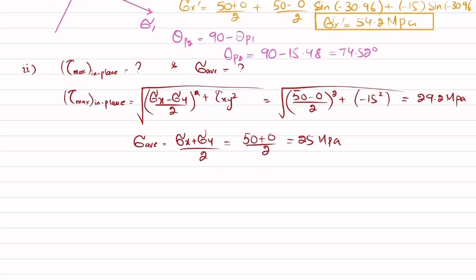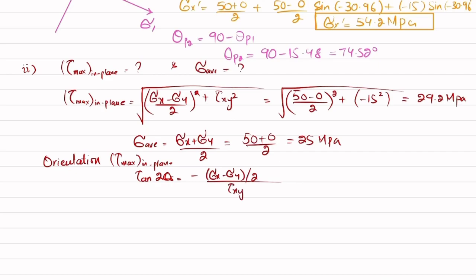Having found this, we will find the orientation of maximum in-plane shear stress. So we have the formula that tangent of 2 theta s is equal to minus (sigma x minus sigma y) divided by 2, divided by tau of xy. So put the value: minus (50 minus 0) divided by 2, divided by tau of xy, which is minus 15.